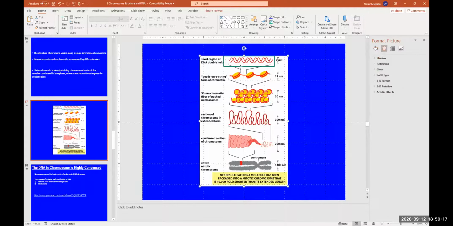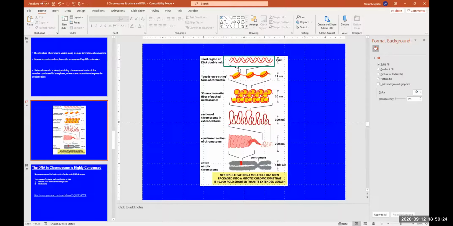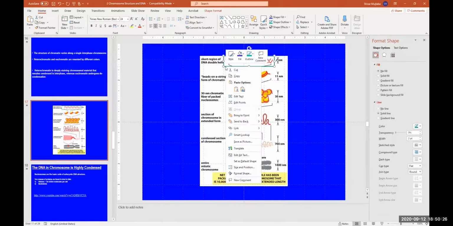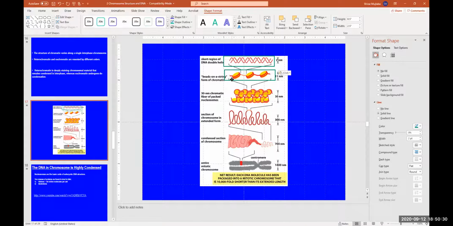Now the same DNA, if you package it in a beaded-like structure, in the nucleus, you can package 11 nanometer of DNA. And then when you super package these beads, the same space can accommodate 30 nanometer of DNA.